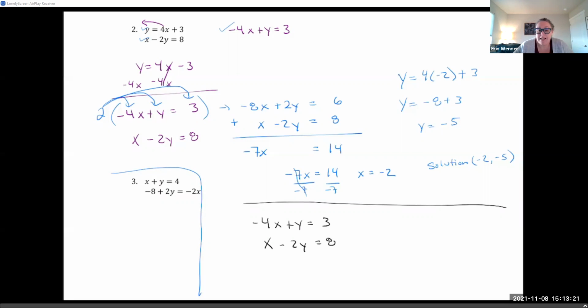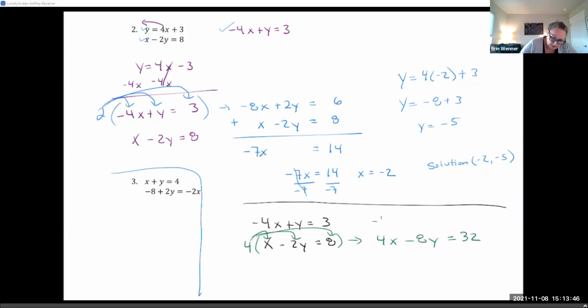And that's what allowed me to cancel the y's out. Instead, I could have multiplied the second equation by positive 4. That would have been a valid move. If I had done that, I would have had 4x minus 8y equals 32.